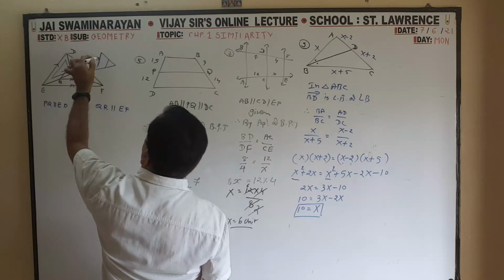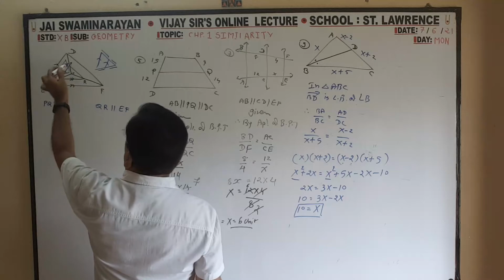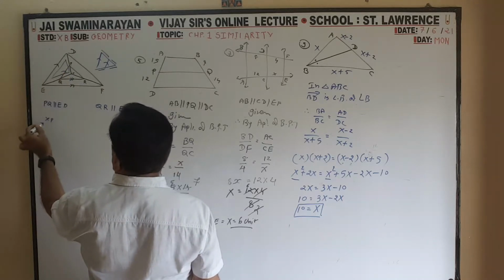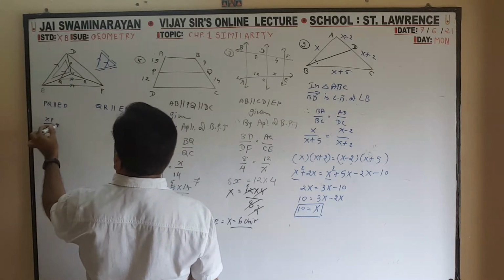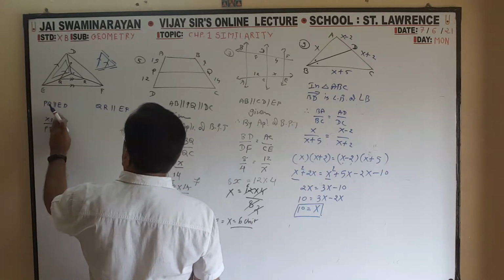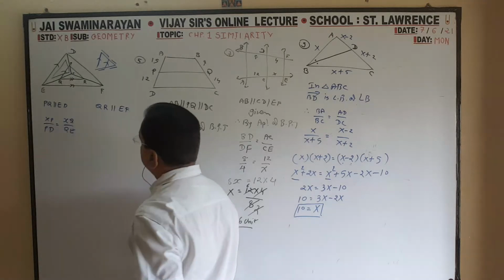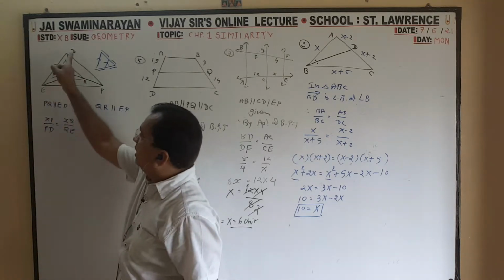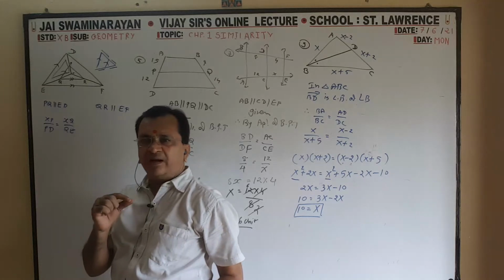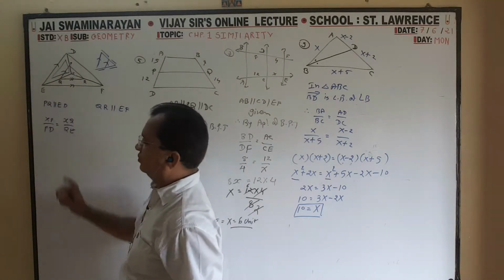this parallel to this, so first by second is equal to third by fourth. So XP by PD, XQ by QE. In this triangle, this parallel to this, by BPT, first by second, third by fourth.